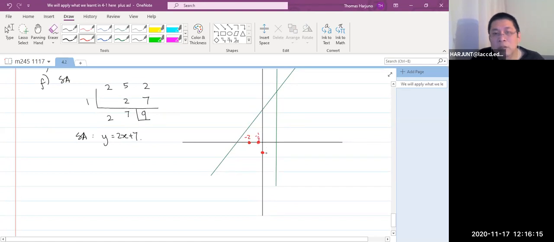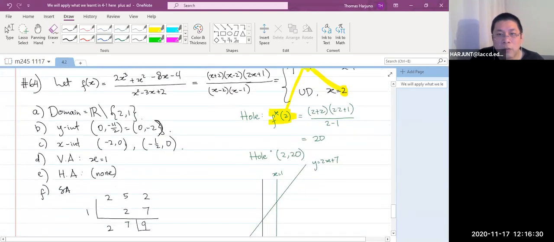This is -2 here, and my graph will be like this. And then on the right hand side, I will have something like this. Okay. But when x equals 2, we have 4.